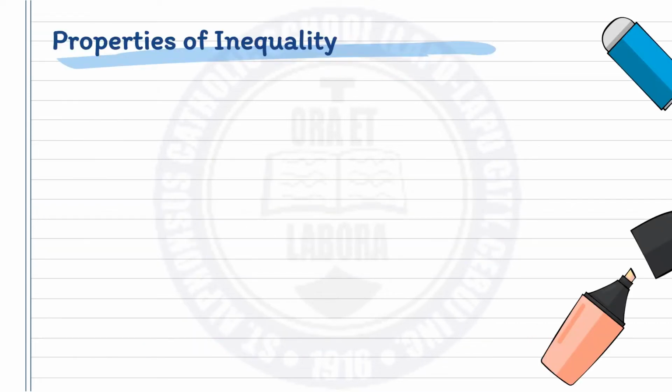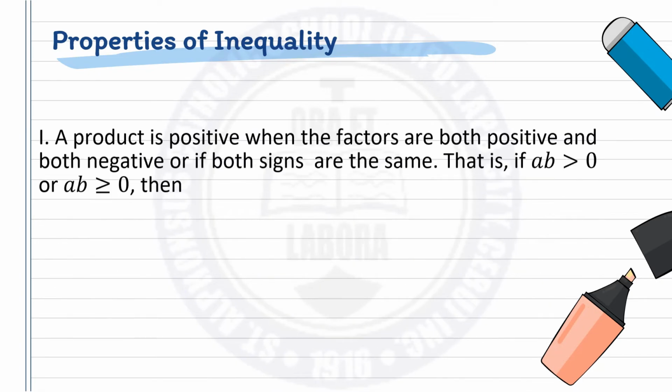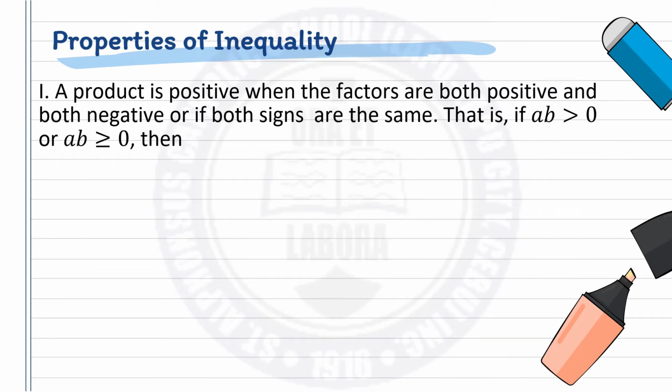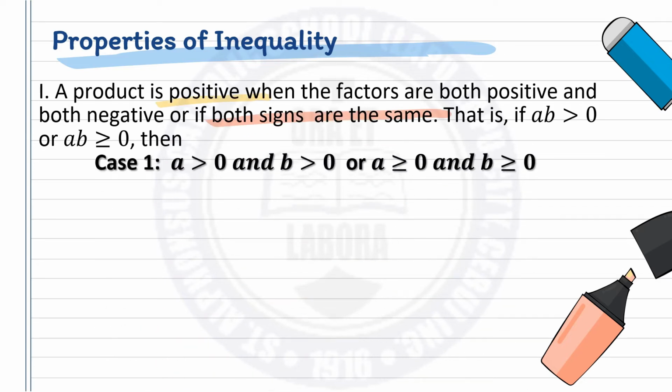There are two properties of inequalities. The first property of inequality is that a product is positive when the factors are both positive or both negative, or shall I say both signs are the same. That is, if AB is greater than 0 or AB is greater than or equal to 0, then you have these two cases.